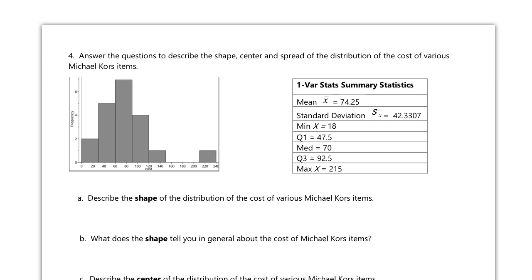And we have a bunch of information about it, the mean, the standard deviation, and the 5-number summary. So describe the shape. We talked about the shape yesterday, and if I look at this, I see that tail off to the right. So we would say that the shape is skewed right. What does this shape tell us in general about the cost of Michael Kors items?